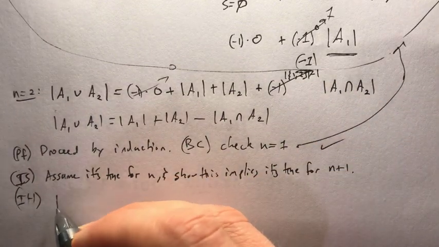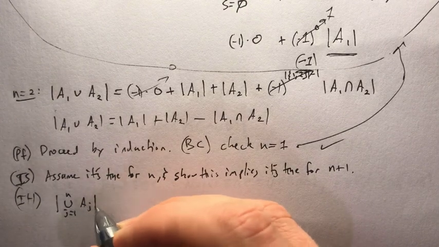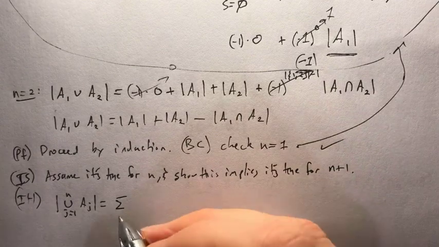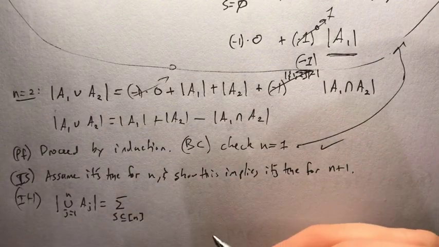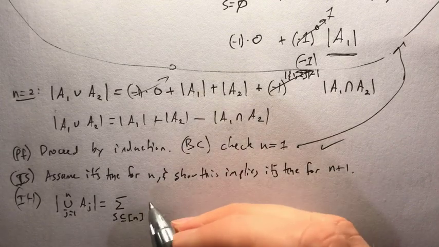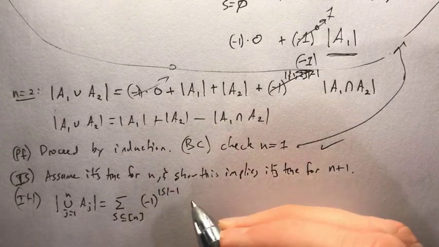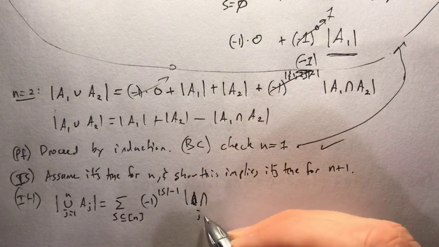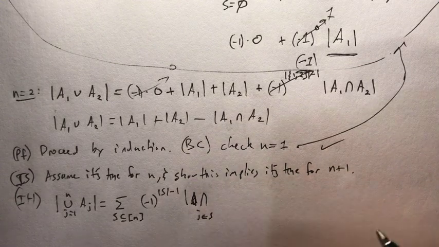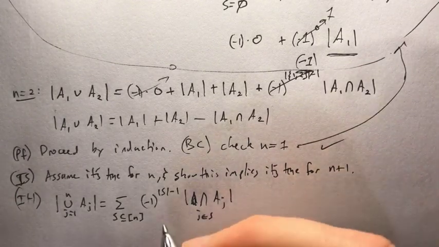Namely, and I'll just rewrite it here, the indexed union as j goes from 1 to n of Aj is equal to the sum as S ranges over all subsets of bracket n of -1 to the size of S minus 1 times the size of the indexed intersection, where j ranges through S, of the Aj's.